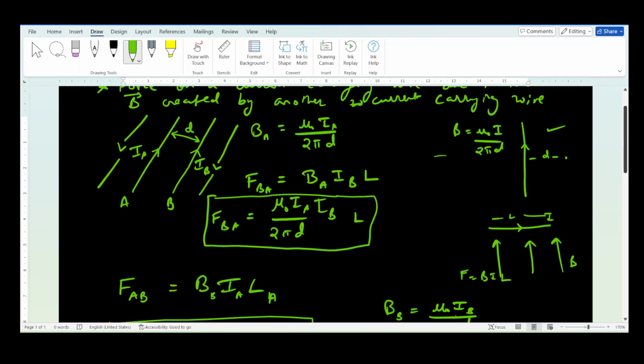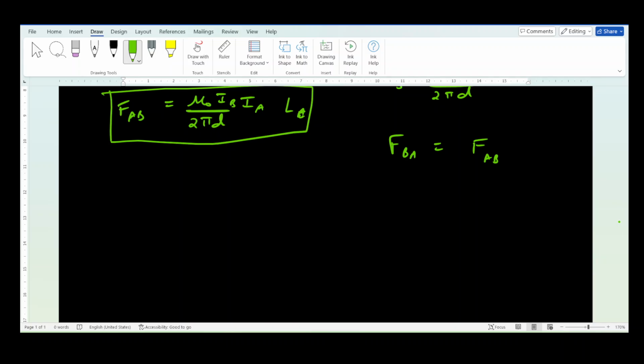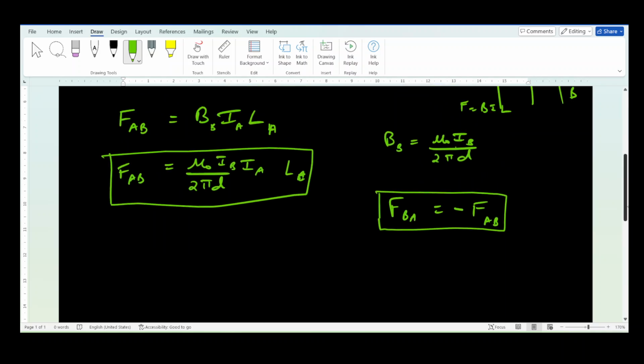So the direction of the force B will experience will be in this direction, and the direction of the force wire A will experience will be in this direction. So both are opposite in direction, and when two forces are opposite in direction, we give a negative sign over here. So this is another relation that we derive from the formulation we just discussed.